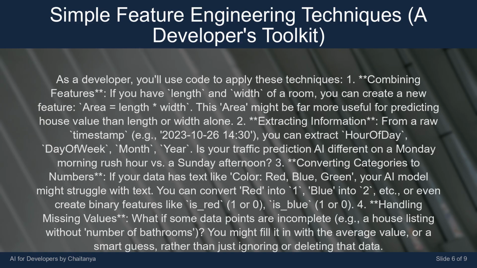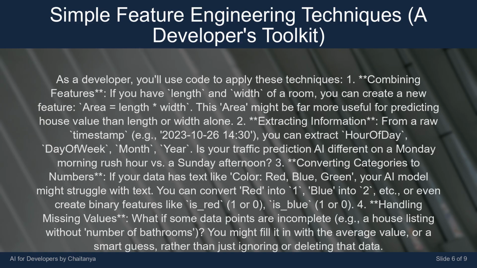3. Converting categories to numbers. If your data has text like color: red, blue, green, your AI model might struggle with text. You can convert red into 1, blue into 2, etc., or even create binary features like is_red 1 or 0, is_blue 1 or 0. 4.